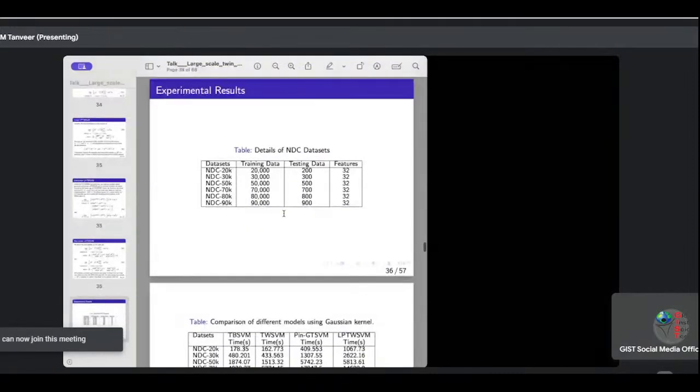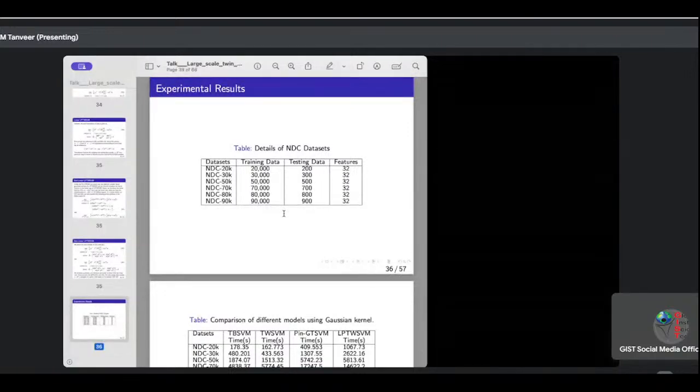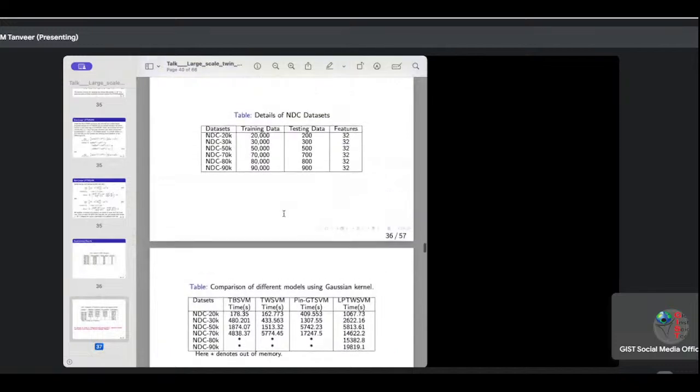Okay, let me discuss a few numerical experiments here. We used NDC data sets, and these are the details of the NDC data sets: training and testing size, and number of features.